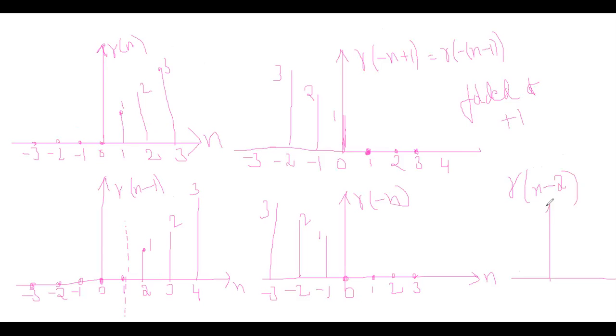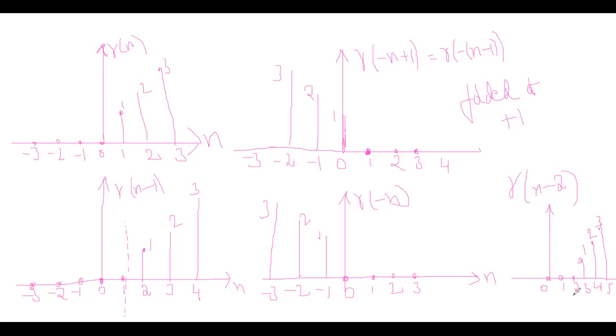For this, R of n is shifted 2 samples to the right side. 0 is a 0, 1 is also 0, 2 is also 0, because 1 sample is moved here. 3 is 1, 4 is 2, 5 is 3.